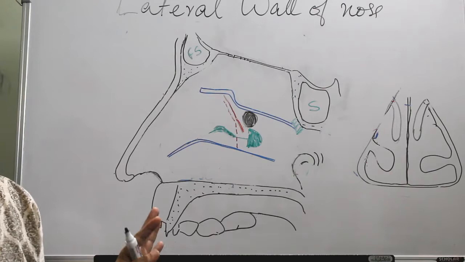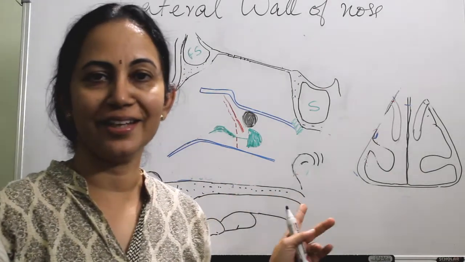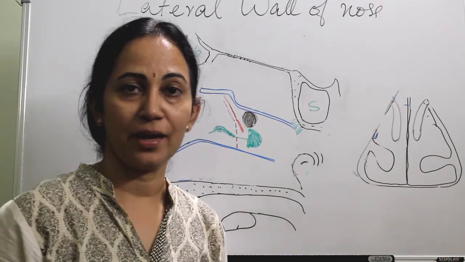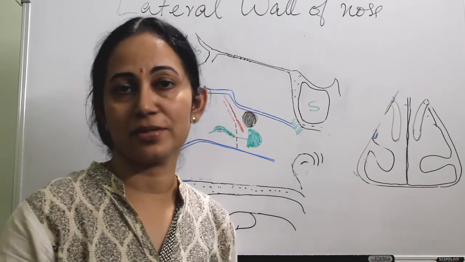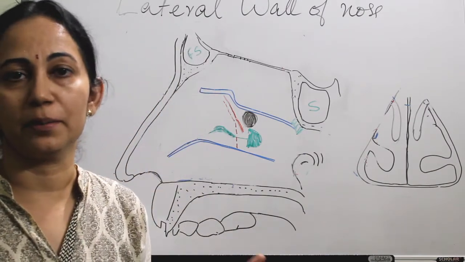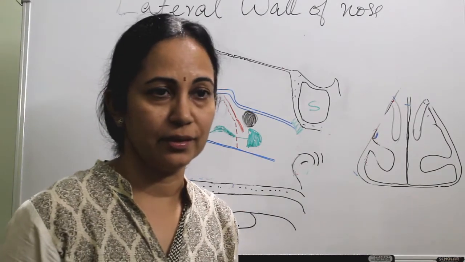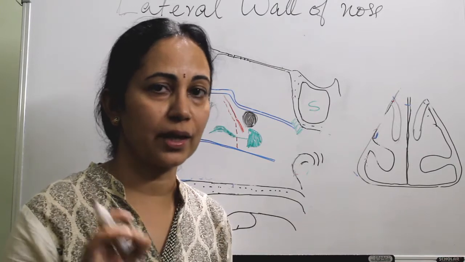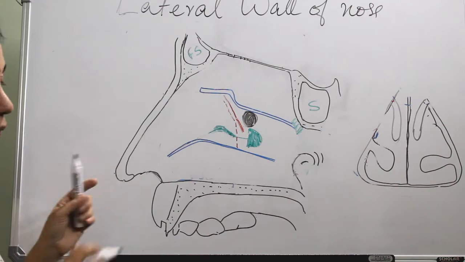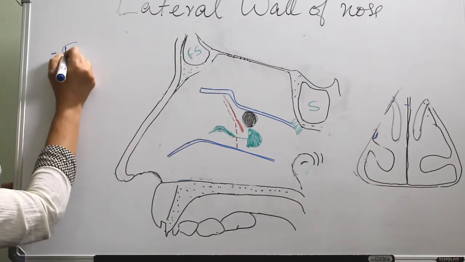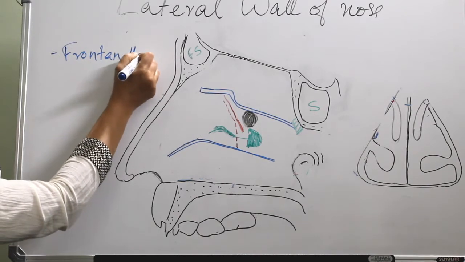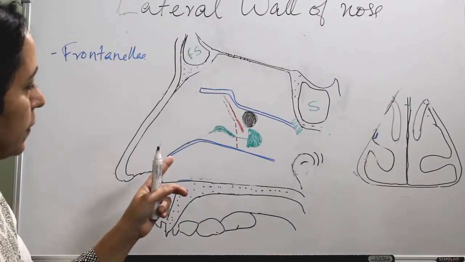Okay, I have cleaned that area for you, so it will be easier for you to understand. I am emphasizing this because knowing the basic anatomy of the middle meatus is very important. Only then can you go and do an endoscopic sinus surgery. So we talked about the anterior and posterior fontanelle, and about the accessory ostium.